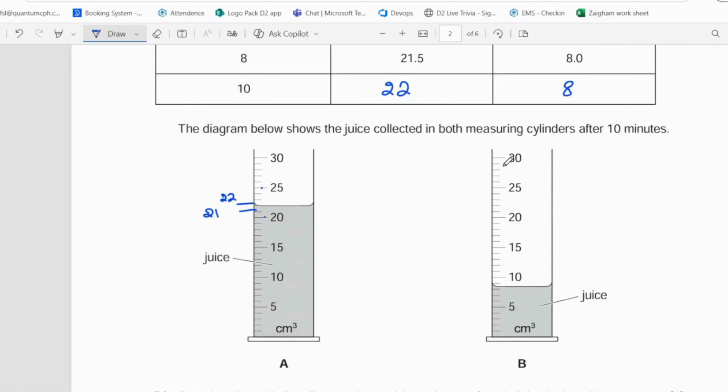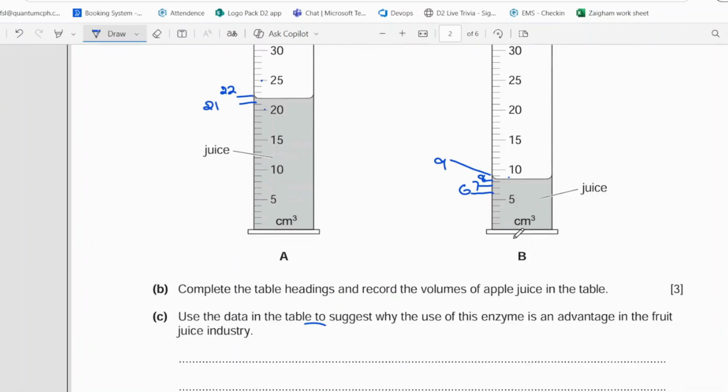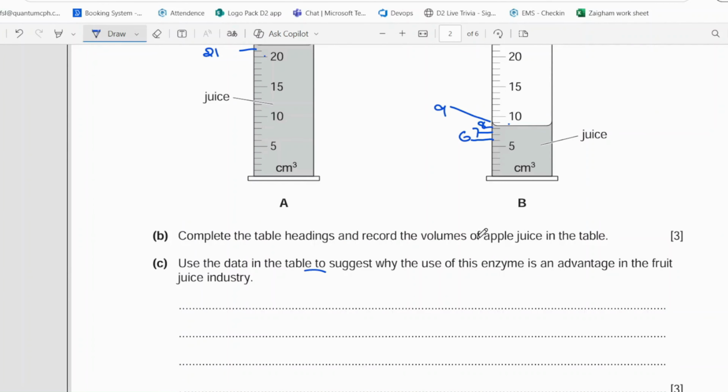It's 8.5. Wait, wait, wait. 6, 7, 8, 8.5, 9, and then 10. It's between 8 and 9, so 8.5. Okay? Okay, we have completed the table already.